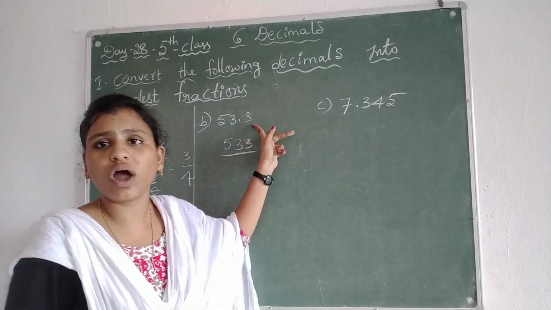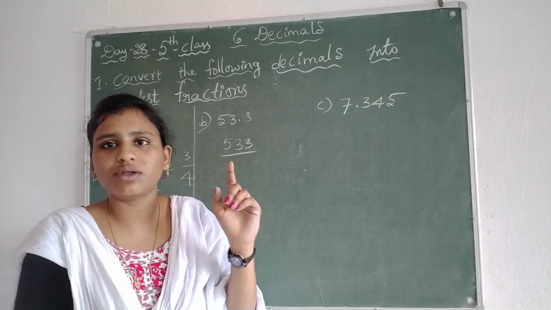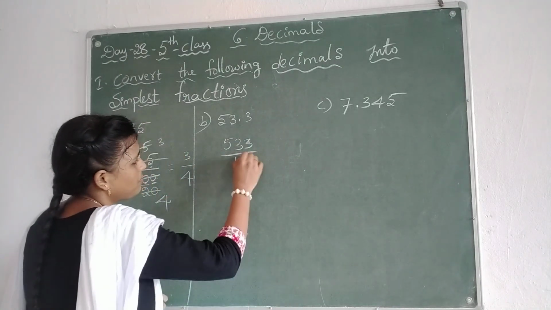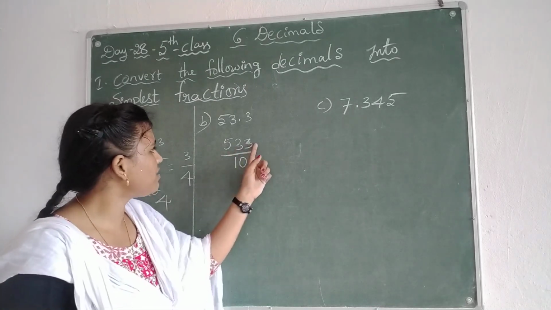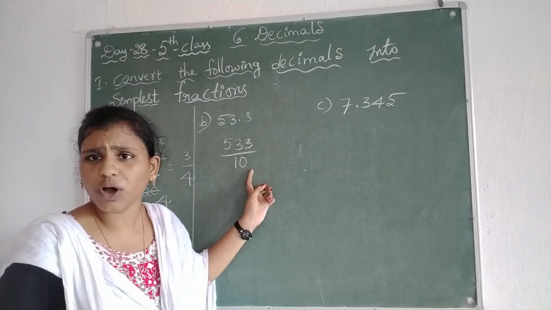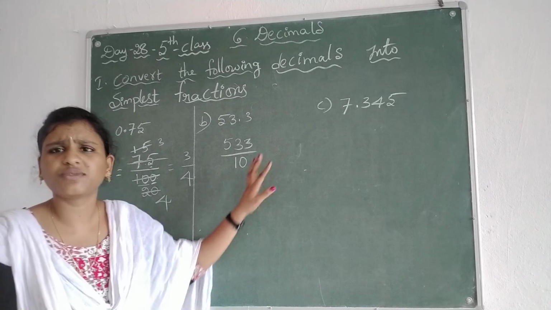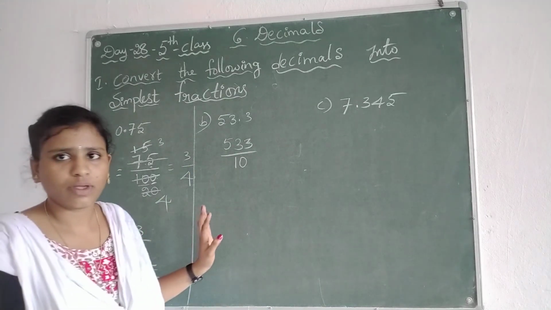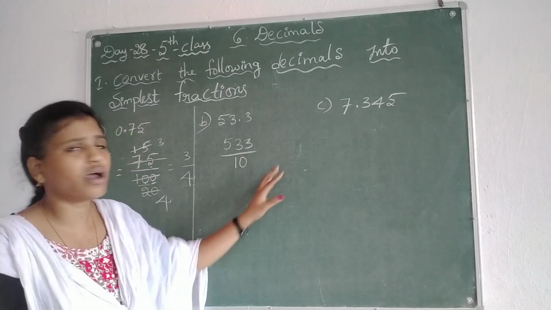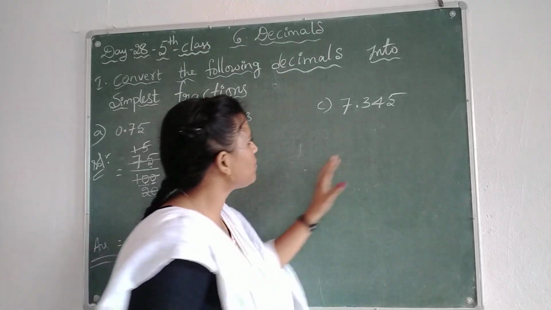We have 1 digit after the point, so 1 zero, the number is 10. So 533 by 10. Can these two be cancelled in any common table? No table cancels these two numbers, so leave it like this. If it is possible then you can cancel, but these two are not cancelled in any common table. That's why leave it. Come to the next one.